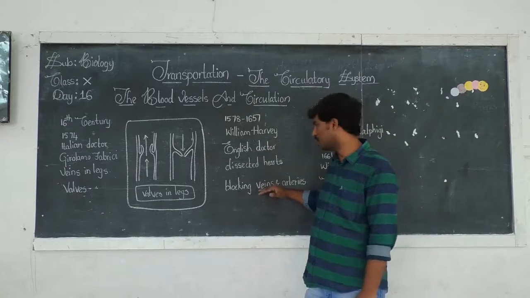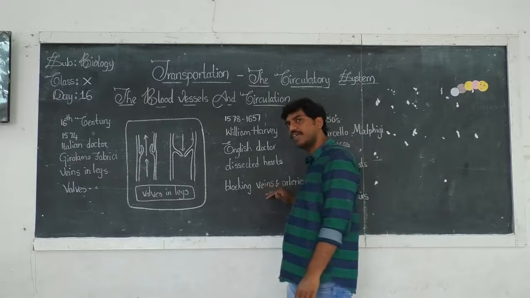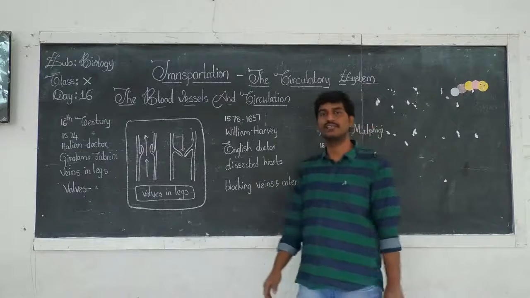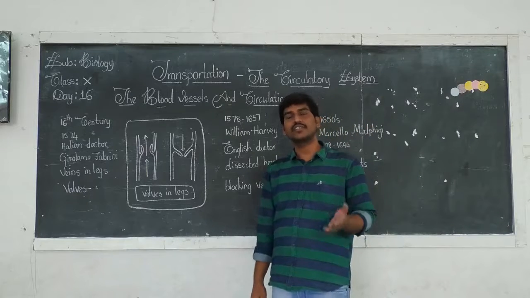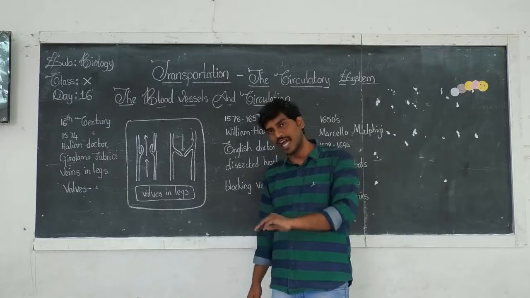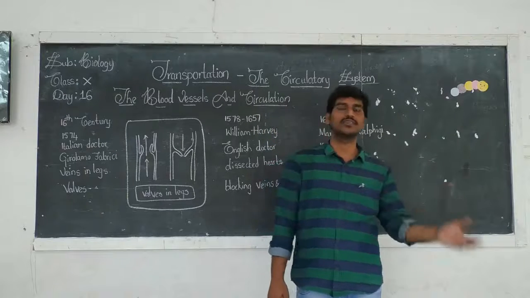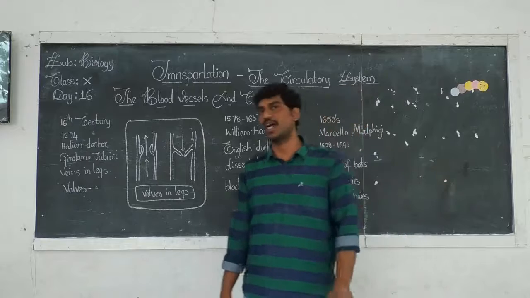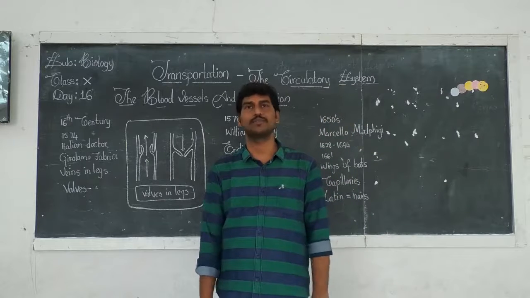By blocking these veins or arteries, he wanted to study which blood vessels carry blood towards the heart and which carry blood away from the heart. This is what he wanted to know.